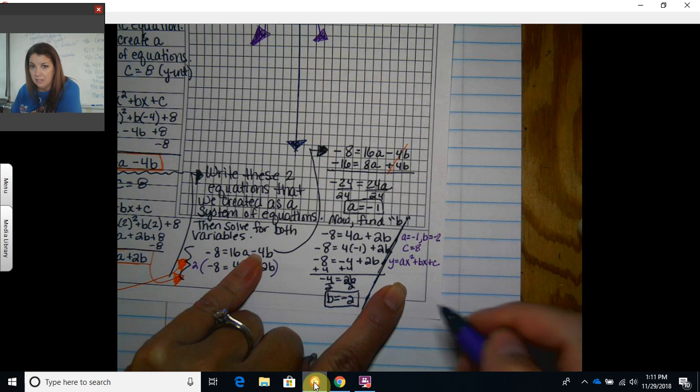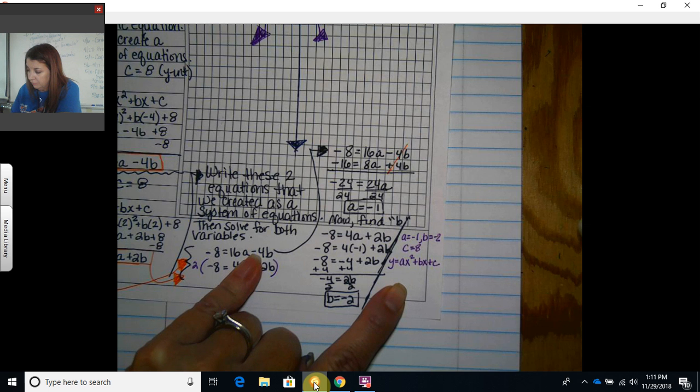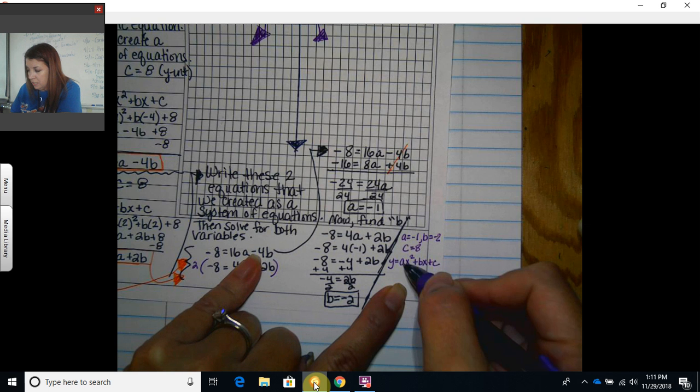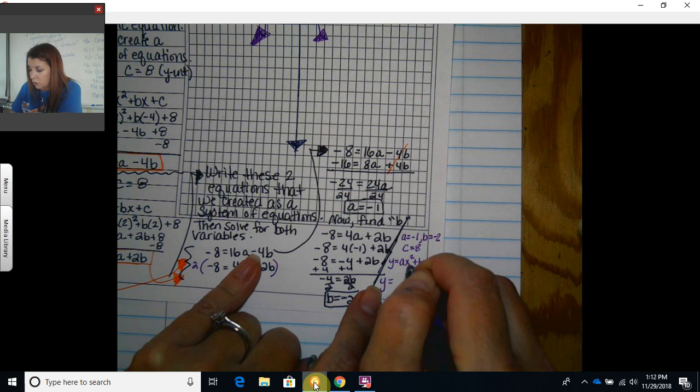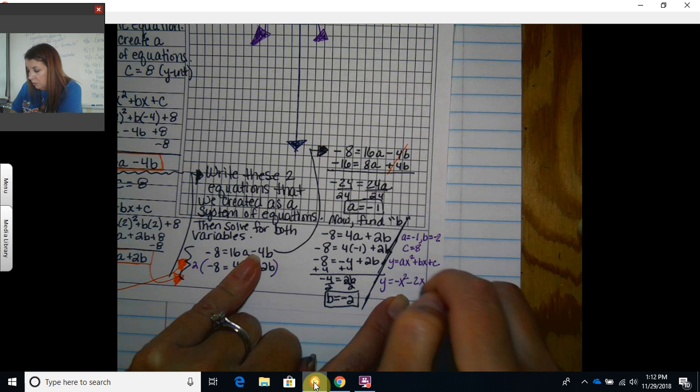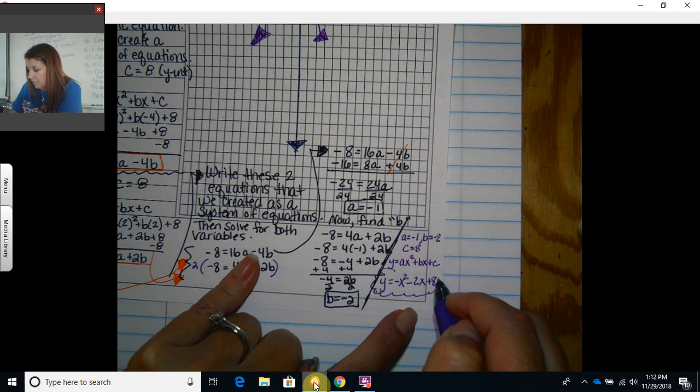So what do y'all think I do? Yeah. Where I see an A, substitute -1. Where I see a B, substitute -2. Where I see a C, substitute an 8. So that would be y equals -1x squared, which of course we would just write -x squared minus 2x plus 8. Yes, all that work just to get to that answer.